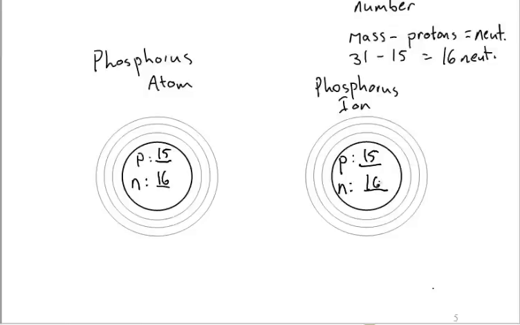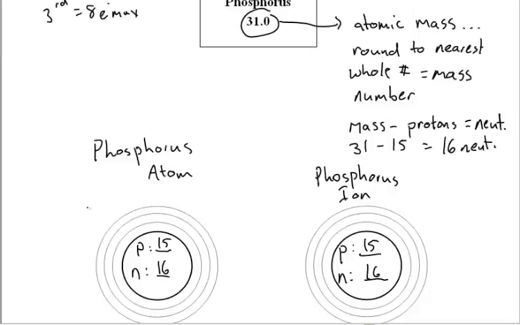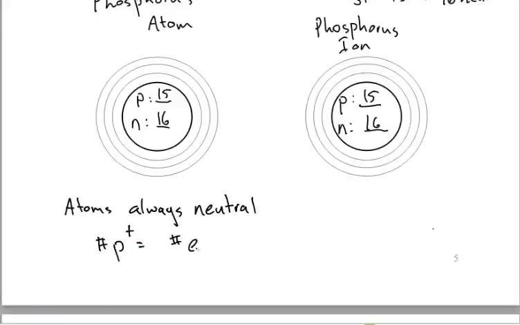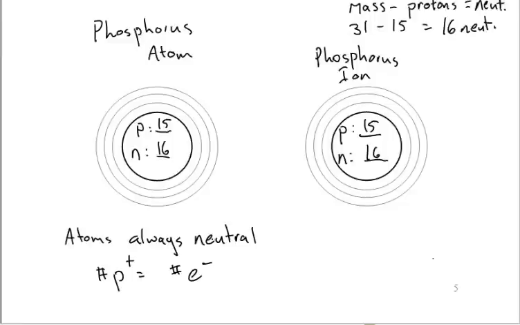And then we have to draw in the electrons, and that's where we have to be careful because electrons will be different from atoms to ions. For the atom, we have to remember atoms are always neutral, meaning number of protons equals number of electrons. So in this case, if we have 15 protons, we have 15 electrons. We just have to put them in the order that the Bohr model allows.